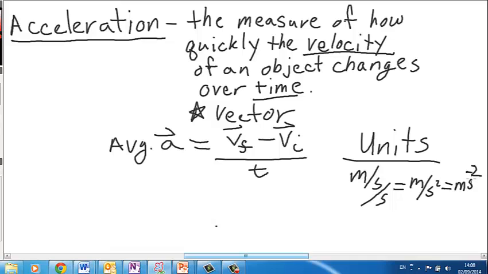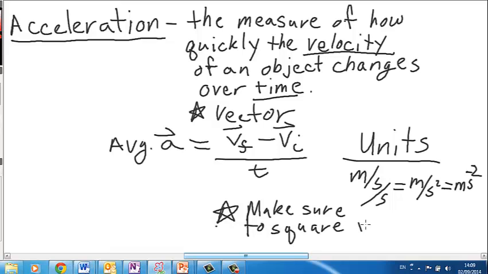Okay? This is something to keep your eye on when you're doing conversions of units. Make sure to square your conversions when you do conversions of acceleration, otherwise your units won't match up.